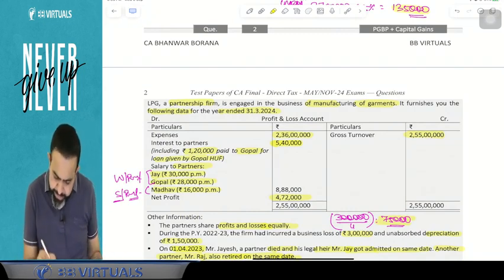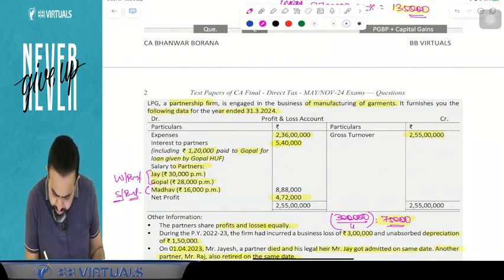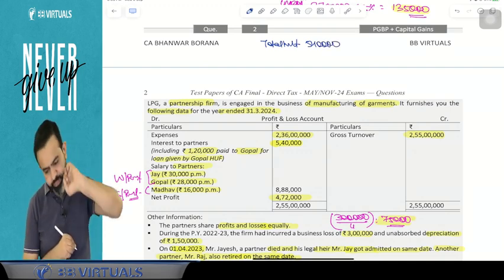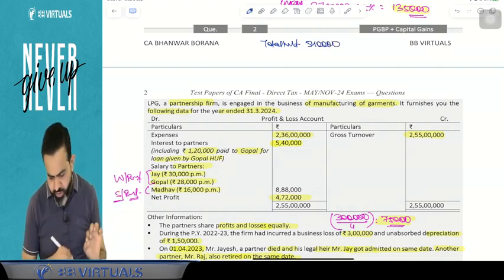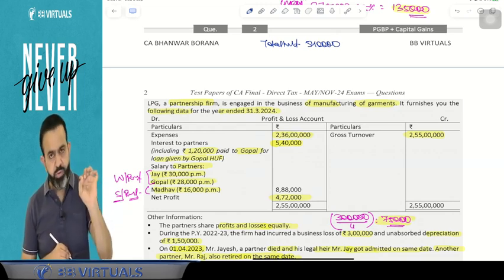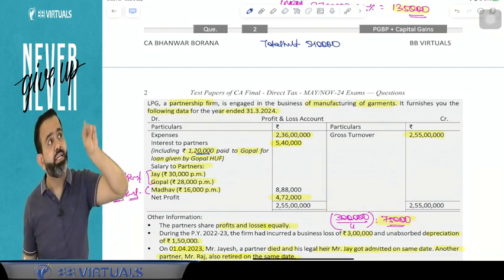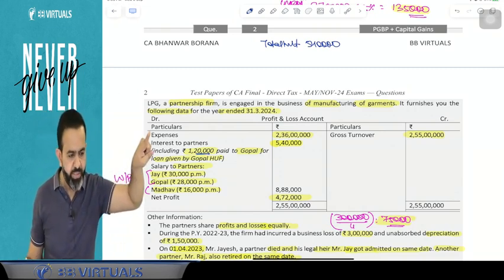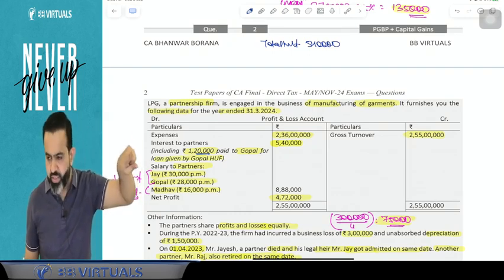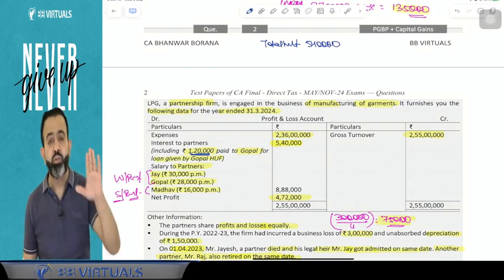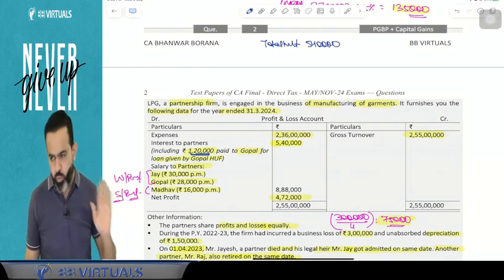Can I say that here your total interest is 5,40,000, and out of that 1,20,000 is interest given to the partner in a representative capacity? So 1,20,000 is going to be allowed here.